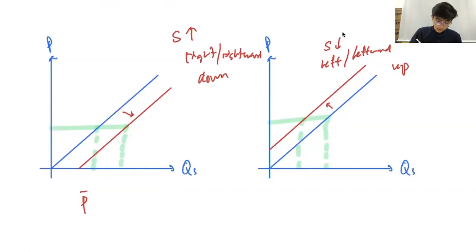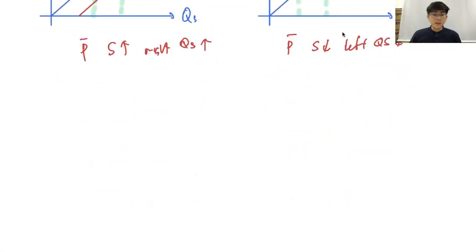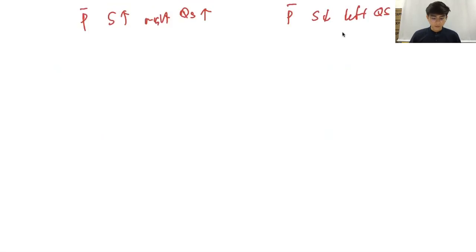The price is not changing, but the supply increases, shifts to the right, and quantity supplied increases. For this one, the price is not changing, supply decreases, shifts to the left, and quantity supplied decreases. Simple as that. And now we are going to look into the detail of the factors.